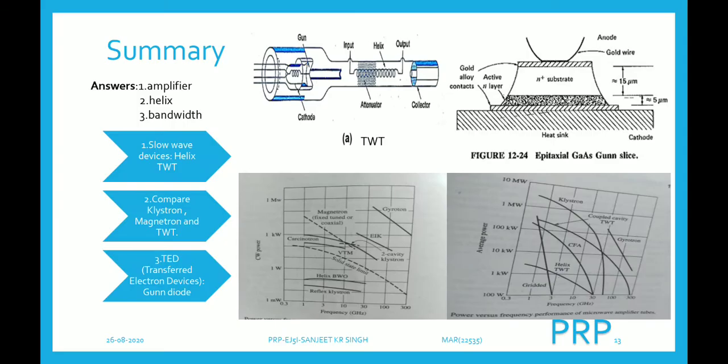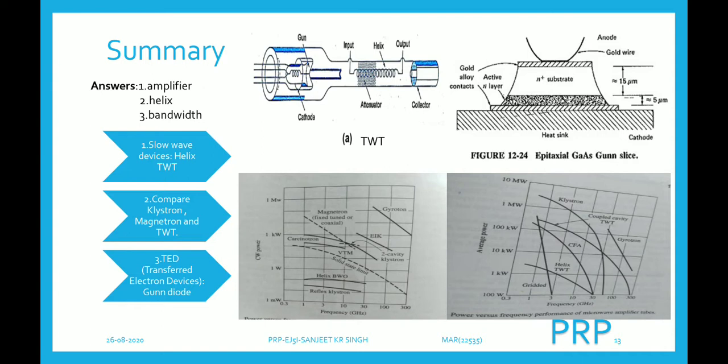So what we learned in this presentation, and the answers for the fill in the blanks: first, the TWT is acting as an amplifier. Second, in the TWT the density modulation is taking place due to the helical structure of the slow wave structure of the tube over which the radio frequency is traveling.